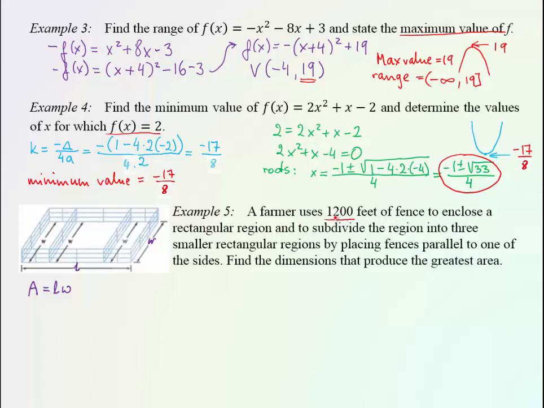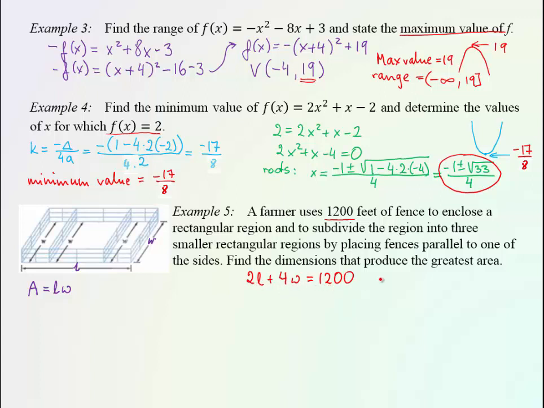A farmer uses 1200 feet of fence. So this is the total length of fence that we can use. The overall length consists of 2 lengths, 2L, and 4 widths, 4W, so 2L plus 4W equals 1200 feet. That's our relation between L and W.